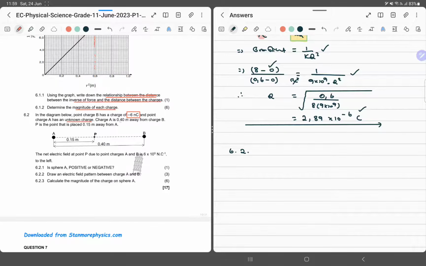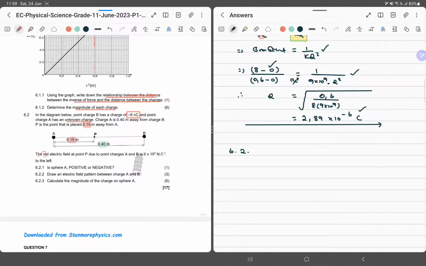Now charge A is 0.40 meters away from charge B, which we can see over here. And then point P is the point that is placed 0.15 meters away from point A. Okay, so which is this point right there.